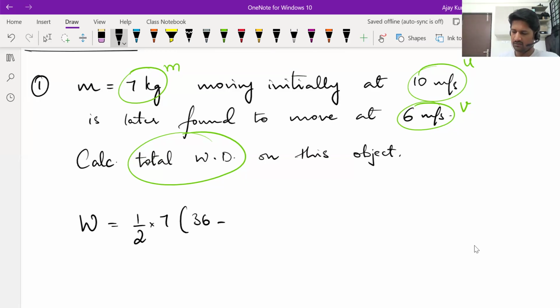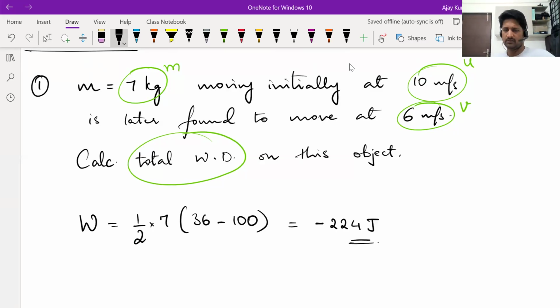Minus u square, which is 100. How did the answer become positive then? Oh yeah, I forgot to put the minus. Yeah, you forgot the minus. That's fine, but it will be a costly mistake if you do that in your final exam. So the answer, I think you all gave the magnitude as 224. So minus 224 joules. Okay, good.